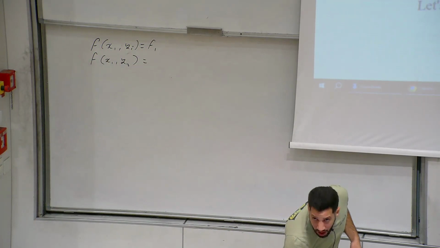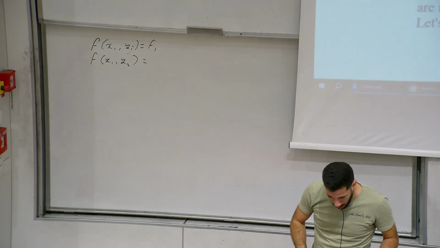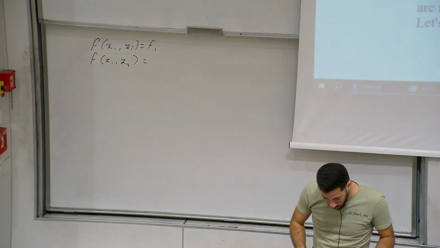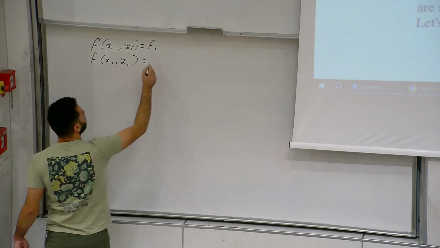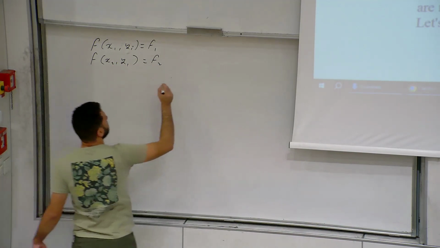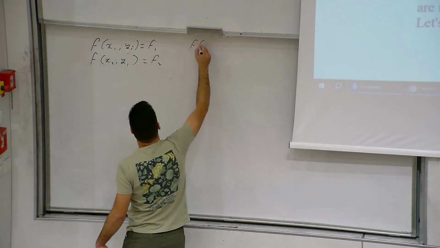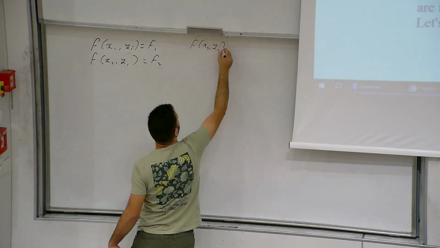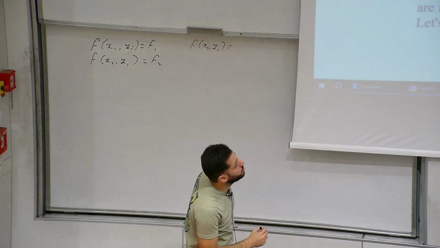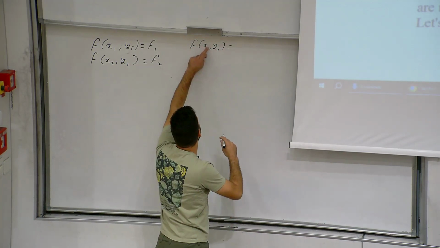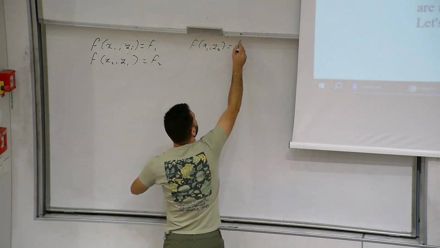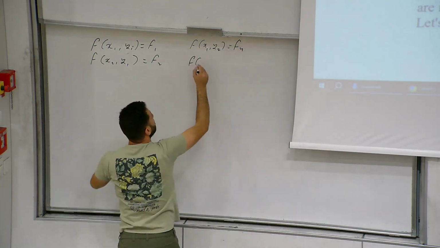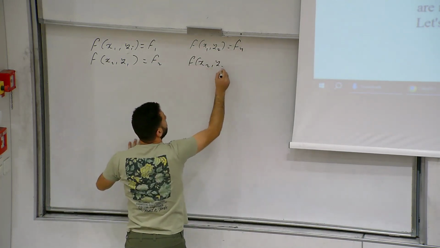Now I don't use j and j plus 1, I use 1 and 2. So x2, y1 is f2, and I know that x2, y2 is f3.